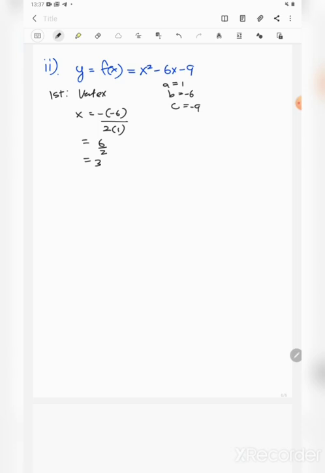To find y, you have to substitute 3 into the function. f(3) means 3 squared minus 6 multiplied by 3 minus 9. So now we have 9 minus 18 minus 9. So this one will be negative 18. Therefore we know the vertex is 3, negative 18. This is very important because it gives information about the range.